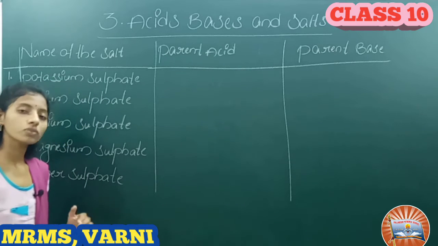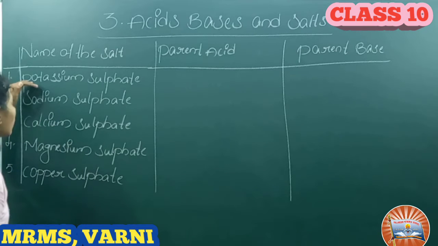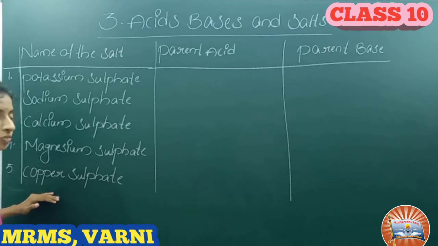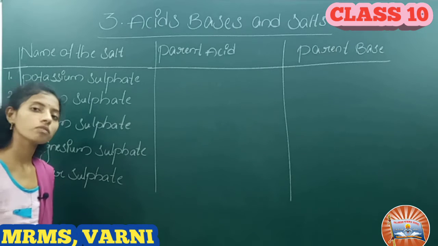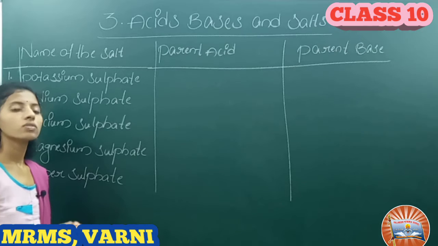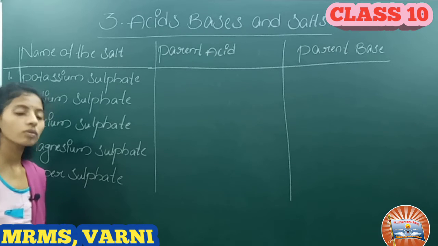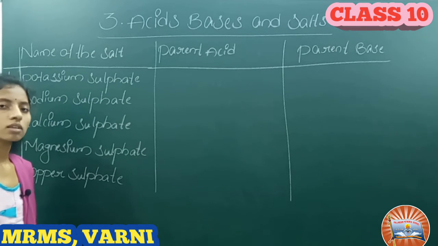So before I gave some formulas, right? The salt formulas. Here I will write this. So the name of the salts are here. So these salts are obtained from which type of acids and bases? From which acids and bases we can find these salts? See here, the first one is a potassium sulfate. So what is the acid and base?